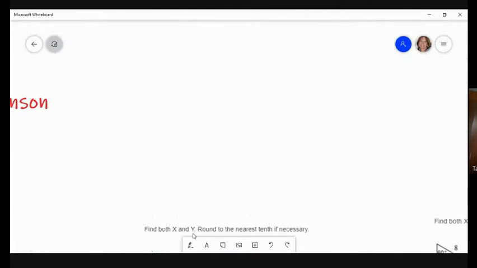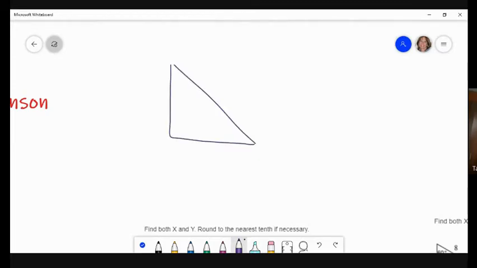let's just kind of talk about the 45-45 right triangle real quick. Of course, I might not be able to draw it, but I'm going to try my best here. So in a 45-45 right triangle, we know that each of these sides are congruent because if my angles are congruent, then my sides are congruent. And of course, if my sides are congruent, my angles are congruent.